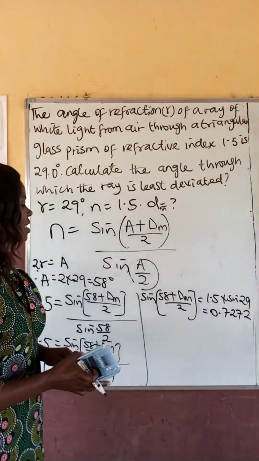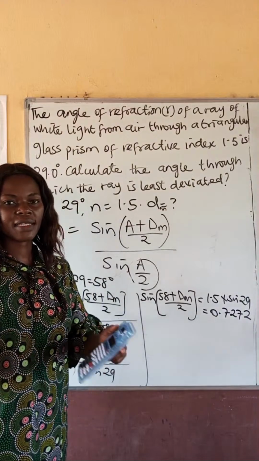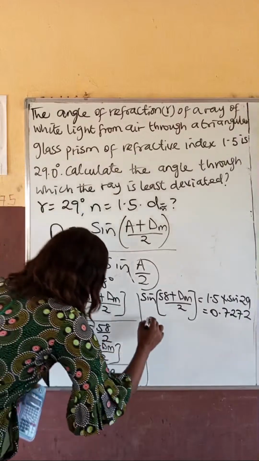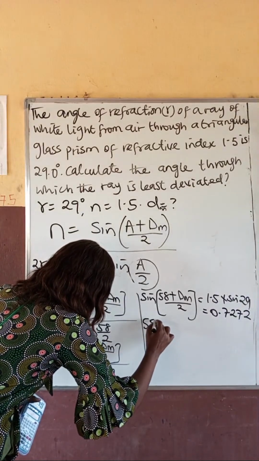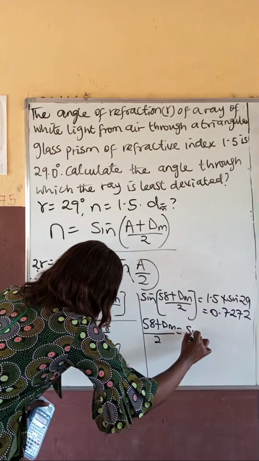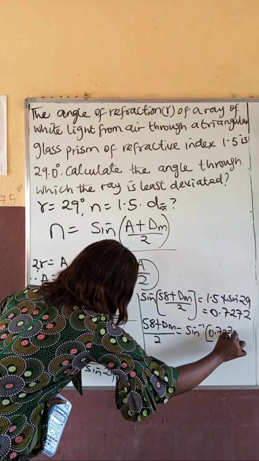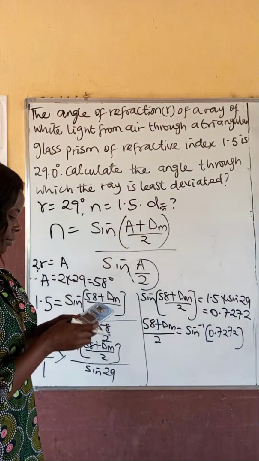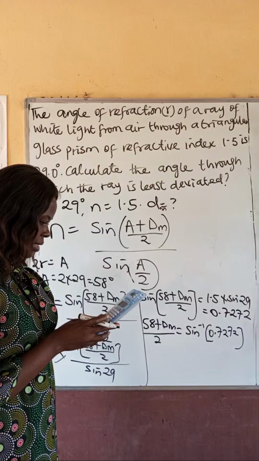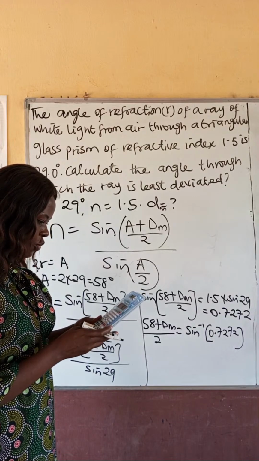Now if I have this, the next thing I'm going to do, I will carry this sine to the other side to make it a sine inverse, okay? But I'm looking for the angle of minimum deviation. So I go by saying (58 plus dm) divided by 2 is equal to sine inverse of 0.7272. Okay? So I can say shift sine 0.7272.